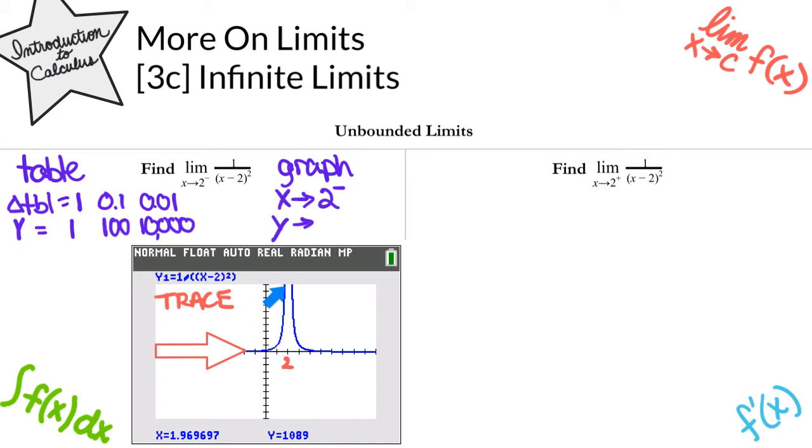My y values are getting bigger and bigger and bigger, but they really only go up to 1,089. And then after that, I jump to the right of x equals 2, like 2.12, and it goes back down. So I'm starting to get the feeling that the limit as x approaches 2 from the left side is infinity.